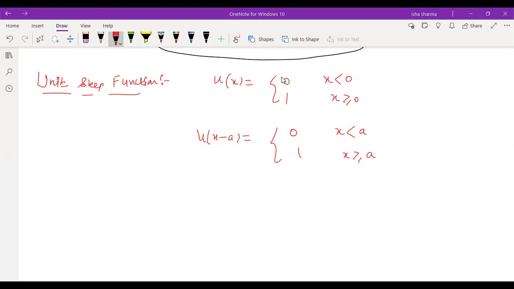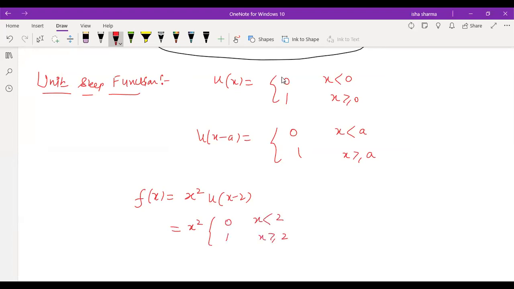Let me first give you an example here. If I take f(x) as, say, x square times u(x minus 2), that means you already have a unit step function having a discontinuity at a certain point, say that point is 2. So what happens if you multiply that function with some other function, say x square? It is x square times 0 for x less than 2, and 1 for x greater than or equal to 2.